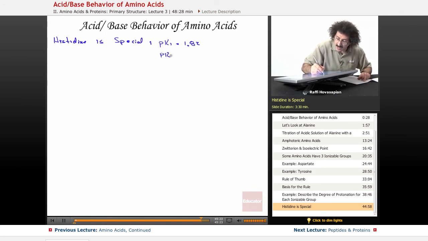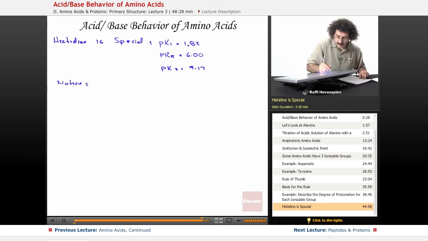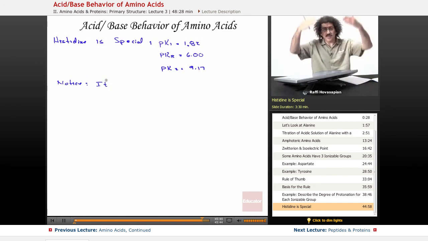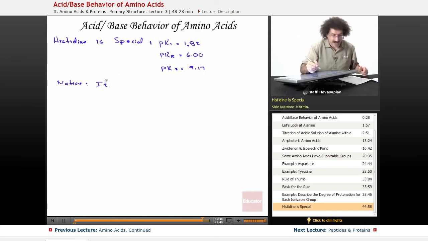I see a pKr equal to 6.00, and I see a pK2 equal to 9.17. Notice. Okay, if you take a look at a list of all of them, this is one of the numbers that will stand out.